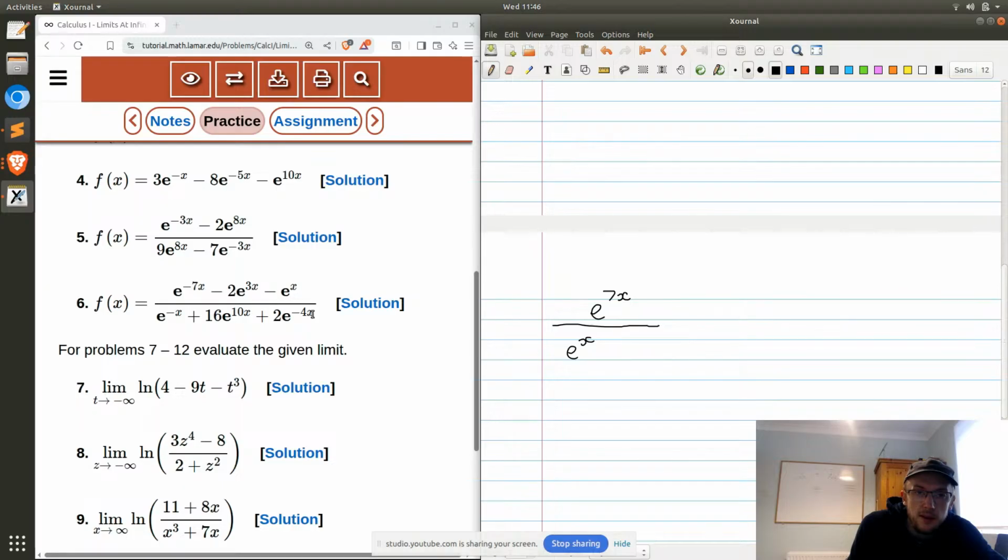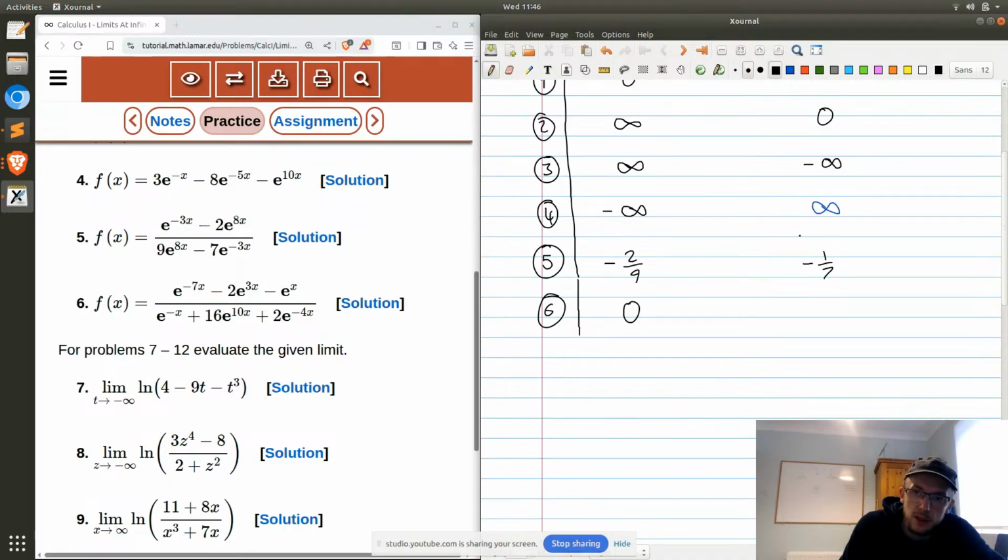This disappears. And this behaves like this, doesn't it? And what do I think? I think this overpowers the two underneath. And I think it's going to be infinity. I think it will be infinity.